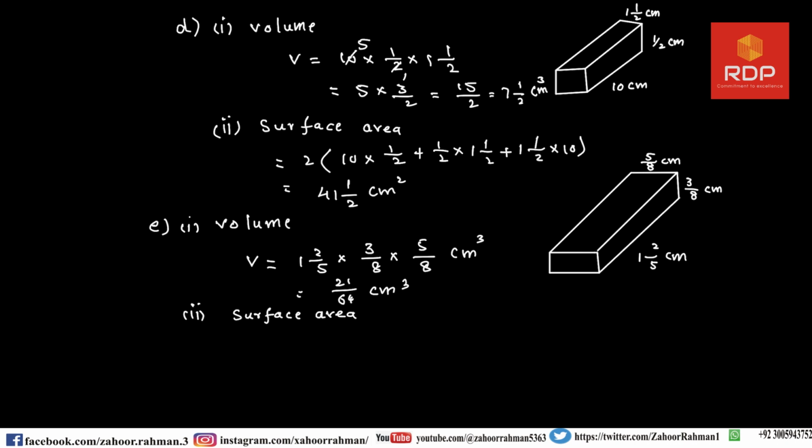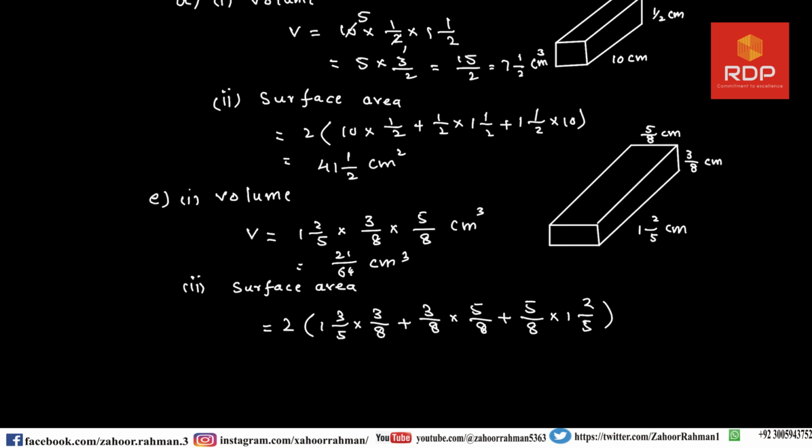Okay, the second part is surface area: 2 into 1 whole 3 over 5 multiplied by 3 over 8 plus 3 over 8 multiplied by 5 over 8 plus 5 over 8 multiplied by 1 whole 2 over 5.